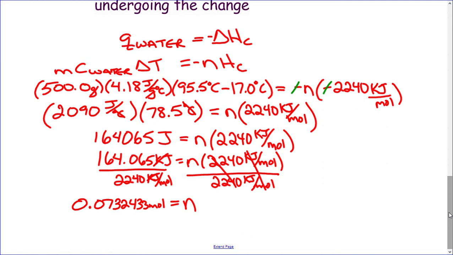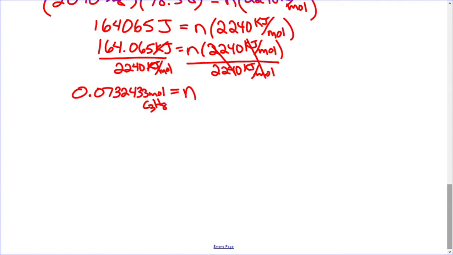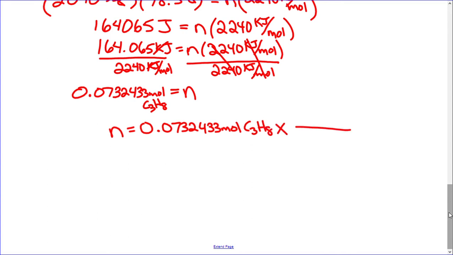And keep in mind what we have here. This is the amount that's needed of propane, so C3H8. And similar to what we did before, we just need to say an amount. How many grams is that? Well, to do that part, we do a little conversion, 0.0732433 moles of C3H8 multiplied by, and then when I multiply this out, I have 1 mole on the bottom for a conversion, C3H8, and the molar mass of this thing works out to be 44.11 grams of C3H8.